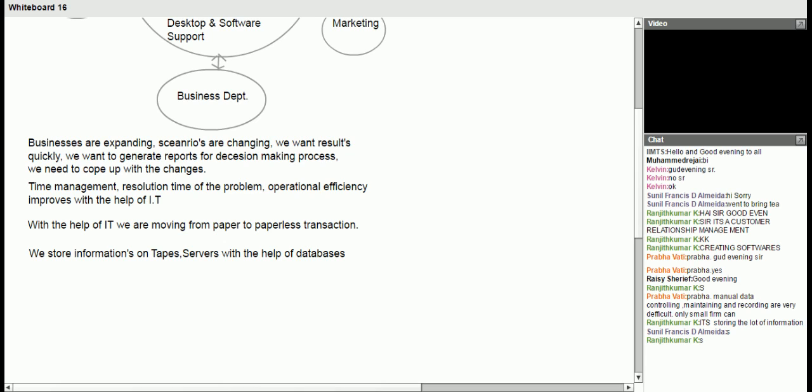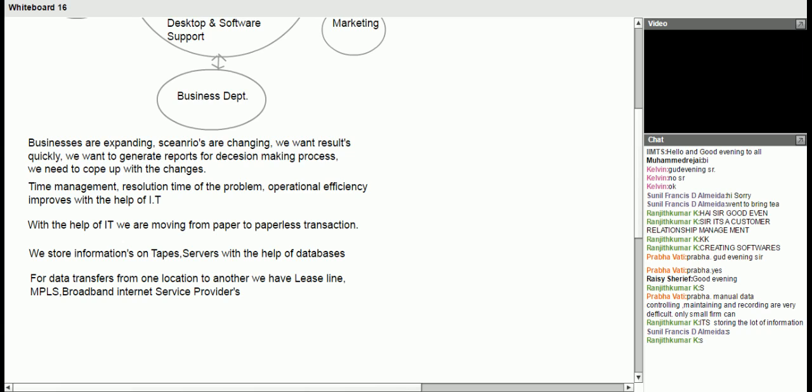For data transfers from one location to another, we have these lines: we have MPLS, we have broadband, internet service providers.